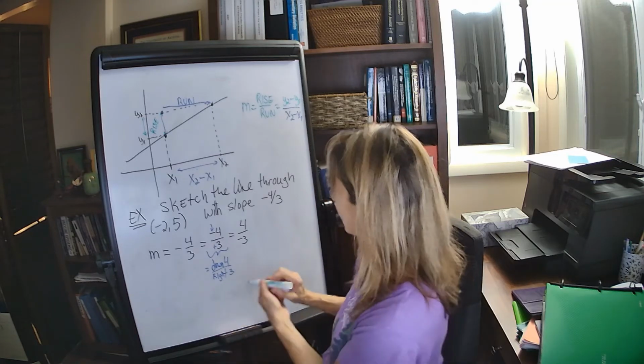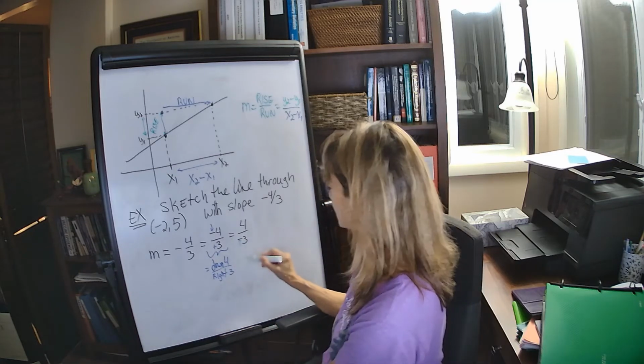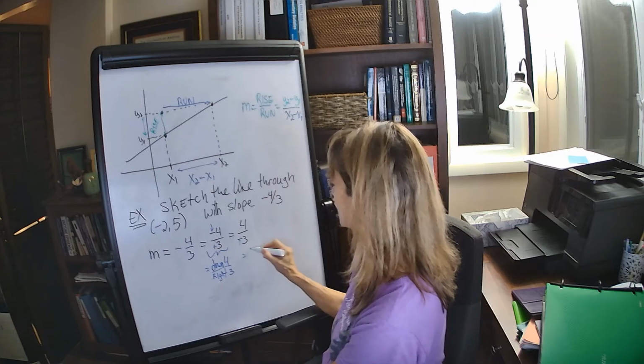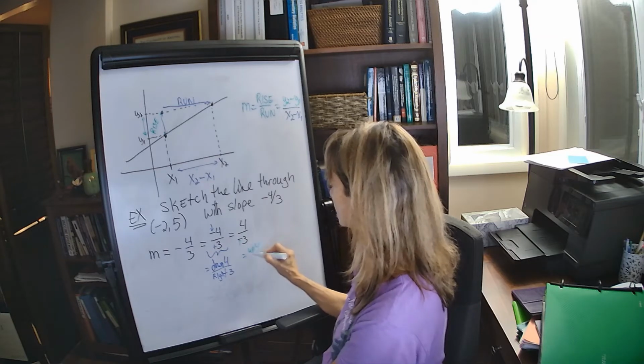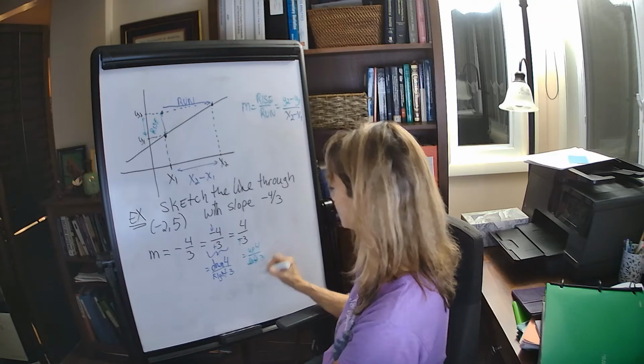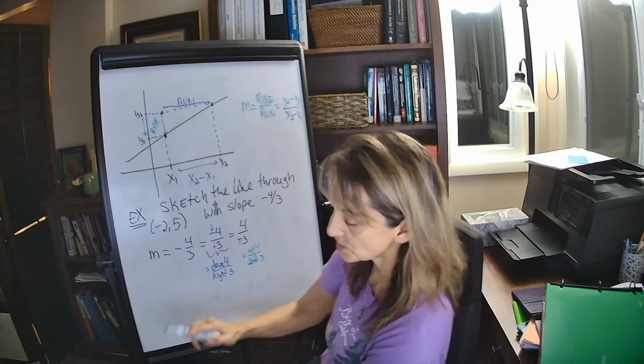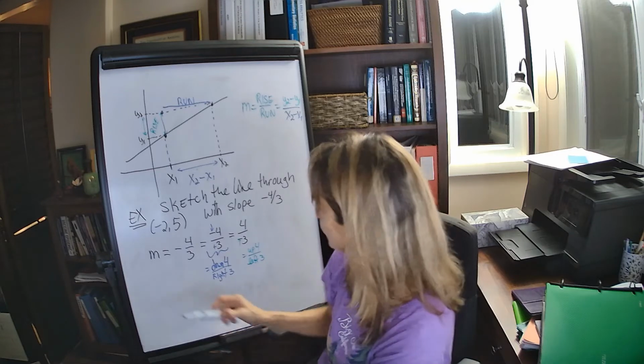With the negative on the bottom, it translates to up 4 and to the left 3. Let's see how that shows up on a graph.